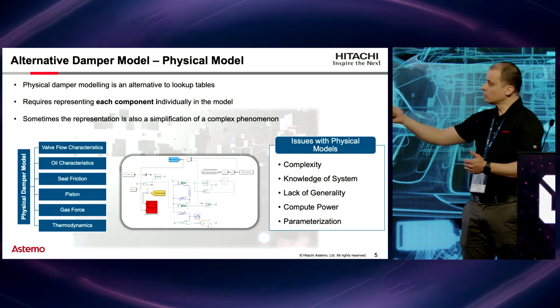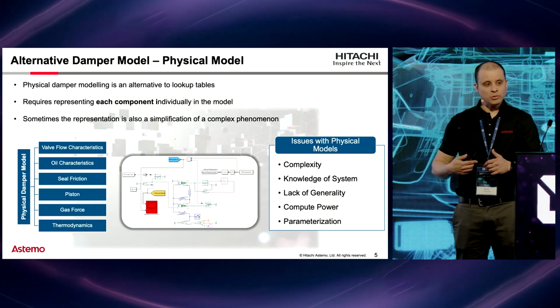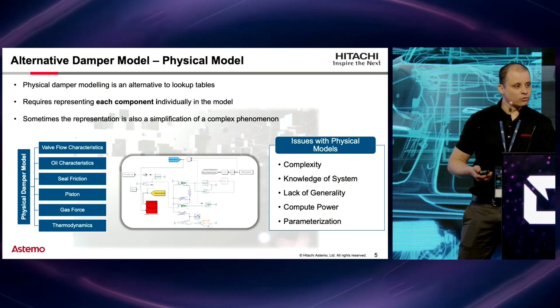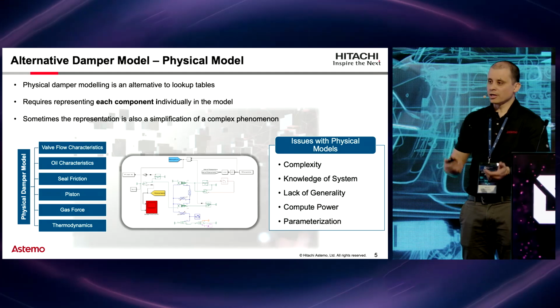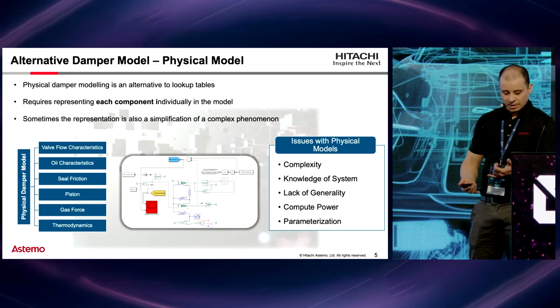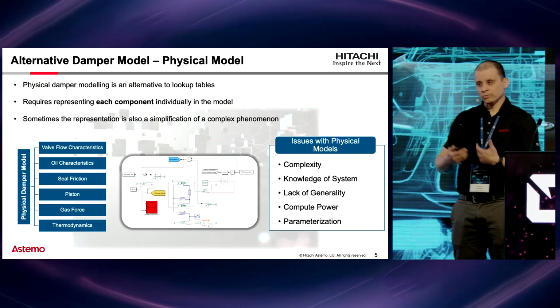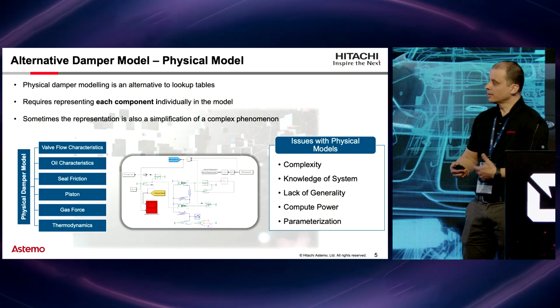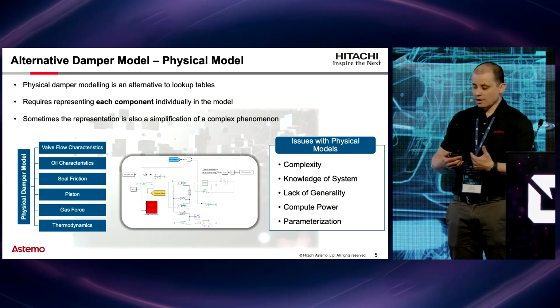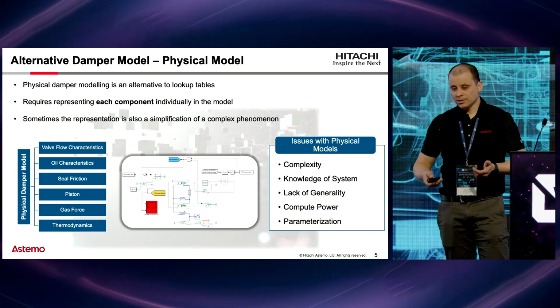We can do this for our dampers, for example, but if I'm going to do it for a benchmark or provide a damper model for some OEM, I need to open the damper, I will have to do studies on their flow characteristics. I need to understand the frictions and the oil characteristics.